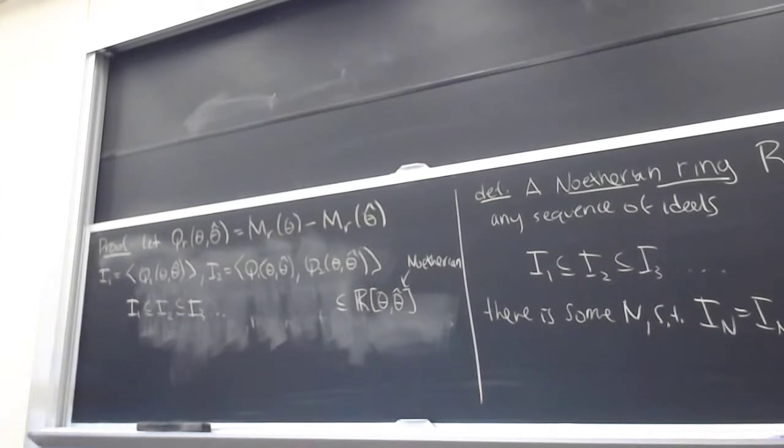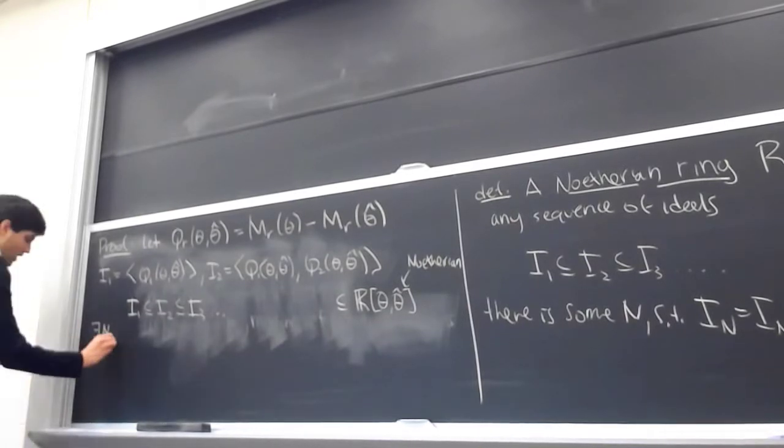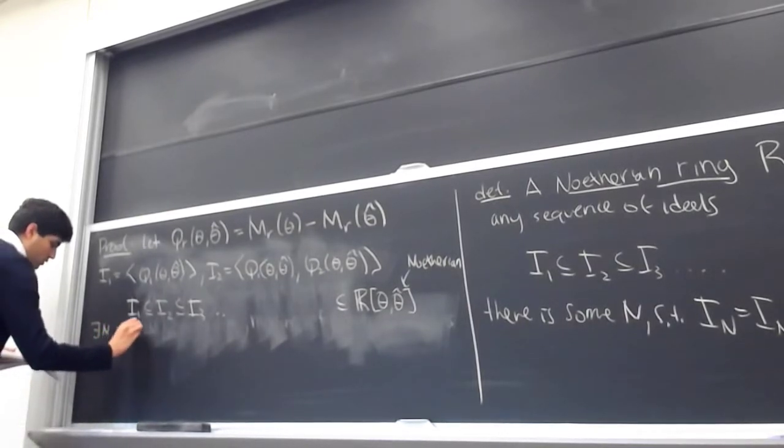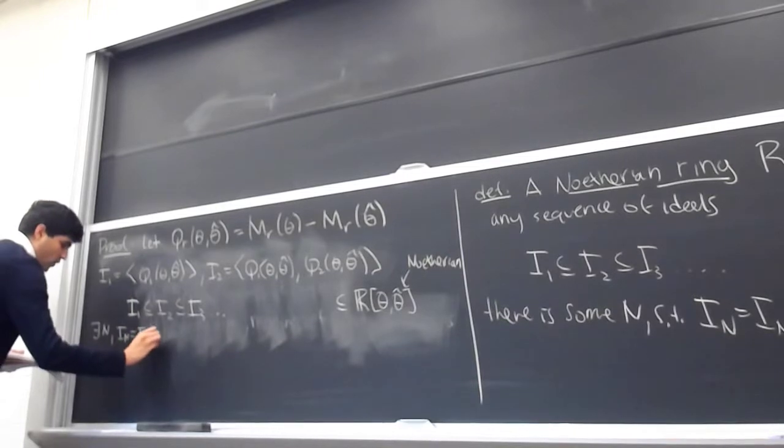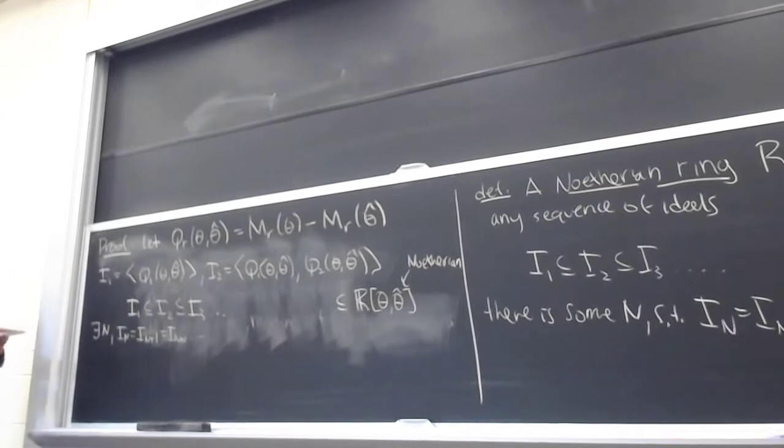which is great, right? Because it means that there is some n, so that In equals In+1 equals In+2, and so on. So the sequence of ideals cannot be strictly increasing forever.